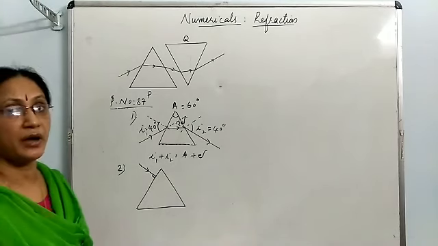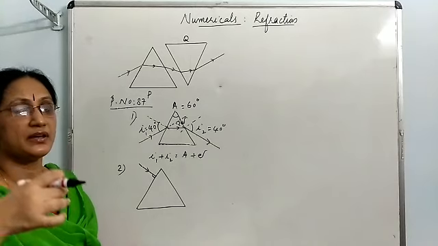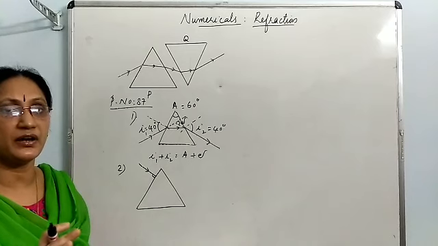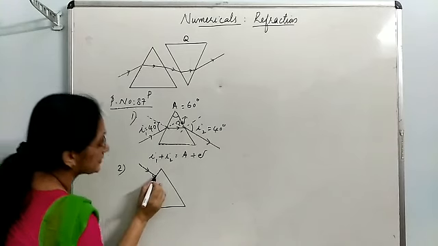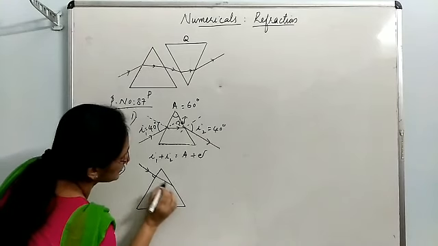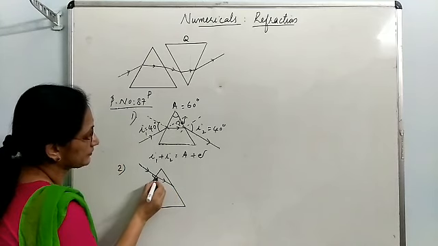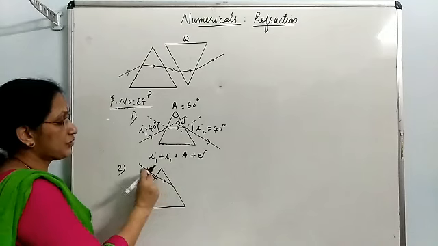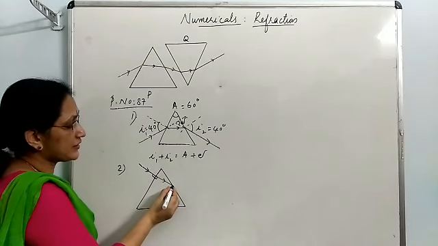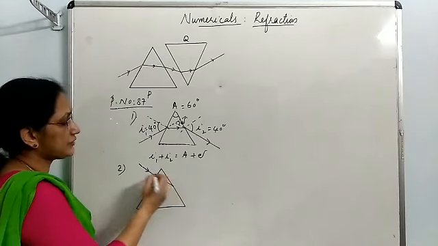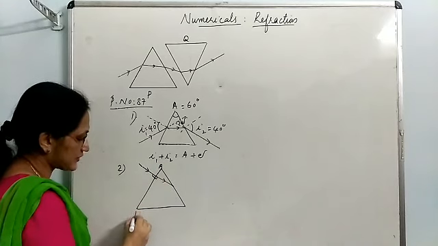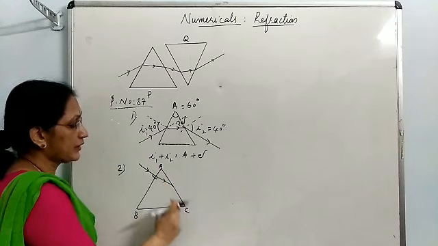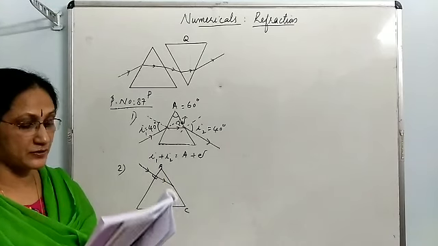Then what will happen if a light ray falls normally on the surface of any optical medium? It goes undeviated, so it will go straight. Since the ray is falling normally, it goes undeviated and it falls on the second face of the prism. Let me name the prism as ABC. AB is the first face of the prism and AC is the second face of the prism.